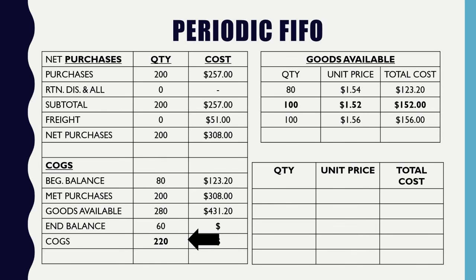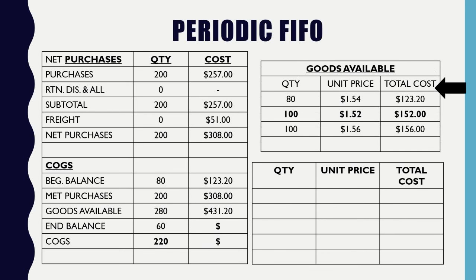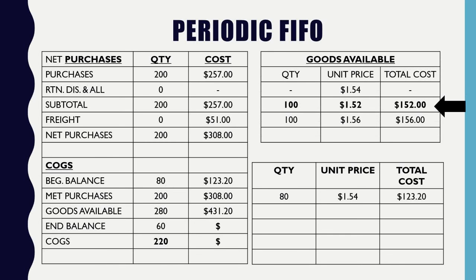Because I'm still using the idea of FIFO, I need to solve by calculating which batch came first. So in this case, my 80 batch is the first one I have on there. Now with that batch of inventory, since I'm going to get rid of all of it, that's the assumption that it's going to be eliminated.